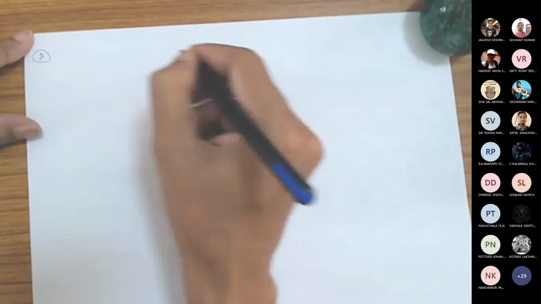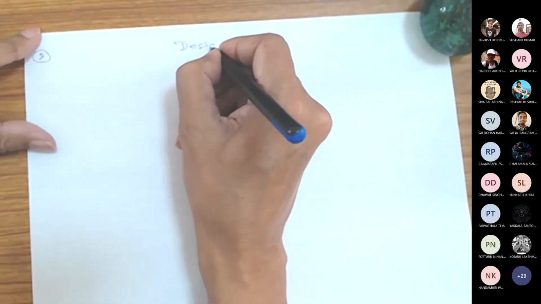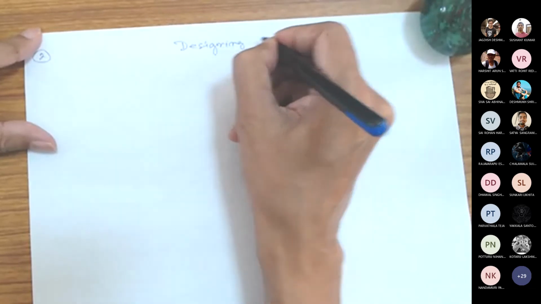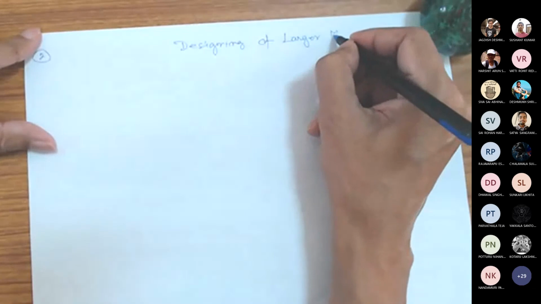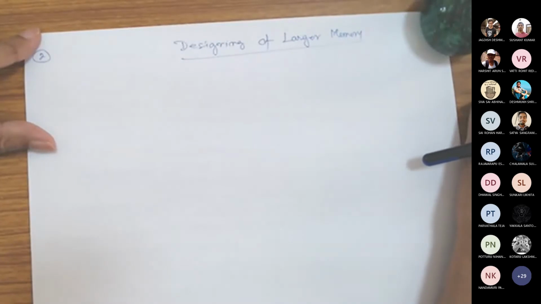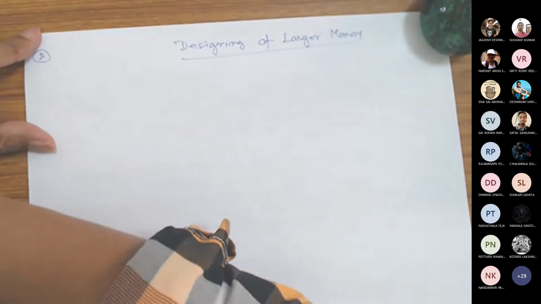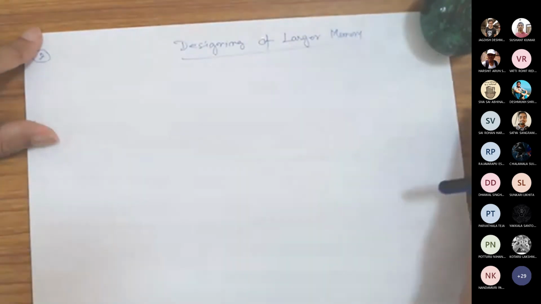So, designing of larger memory. Let us take an example.